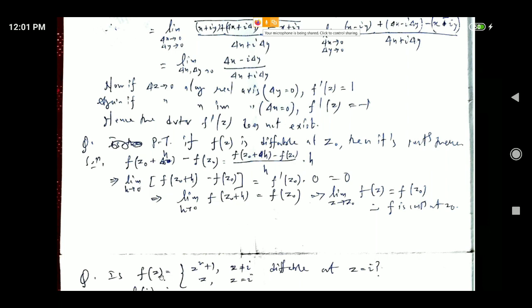What will be f of I here? f of z is equal to z square plus 1 if z is not equal to I, and f of I equal to I. So you have to check limit z tends to I, f of z equal to what? Now you tell what will be this left hand side limit, z tends to I, f of z. f of I we have got I. And what is limit z tends to I, f of z?